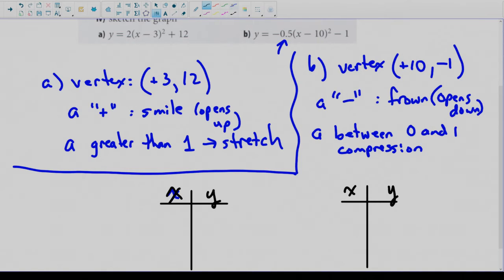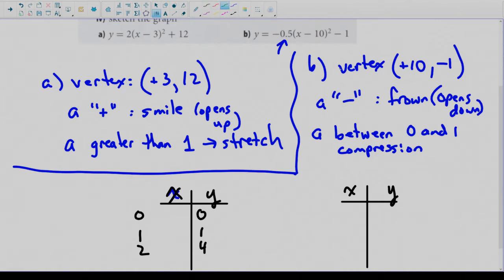Okay, so we do have both an X transformation and some Y transformation, so I'm going to need to leave some room for my X transformation. So I'm going to write 0, 1, and 2. We're just going to be using the right-hand side of our parabola. Okay, so 0, 1, and 2. That's 0, 1, and 4 for the Y values.